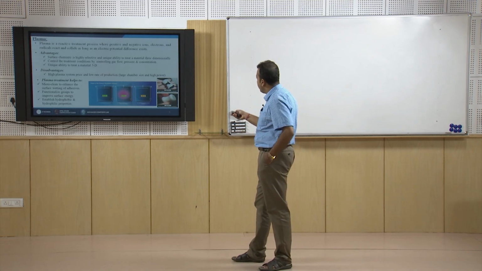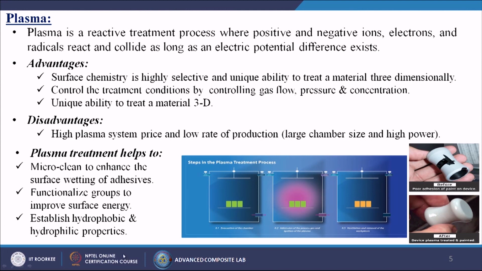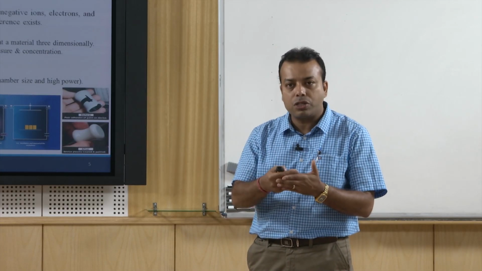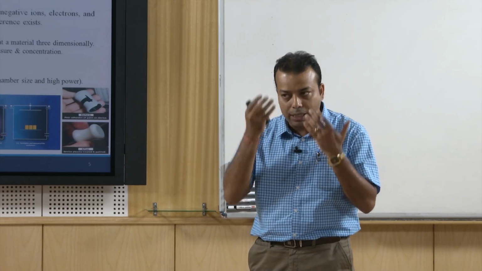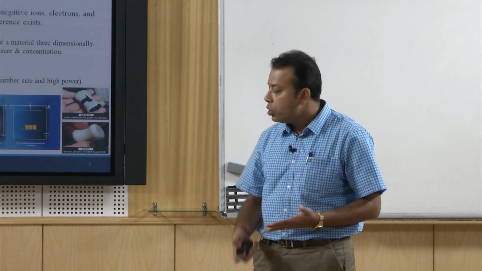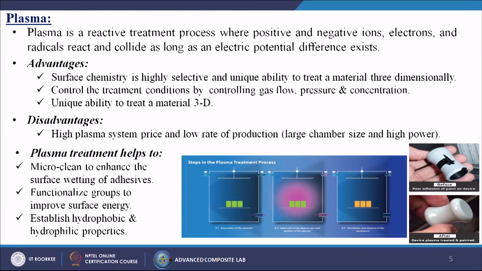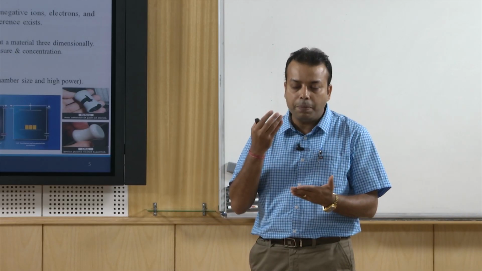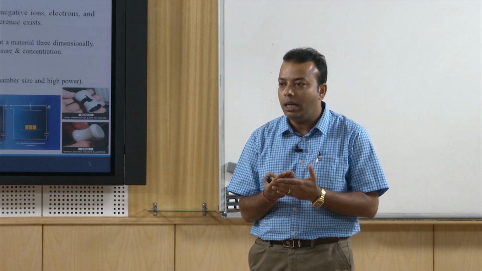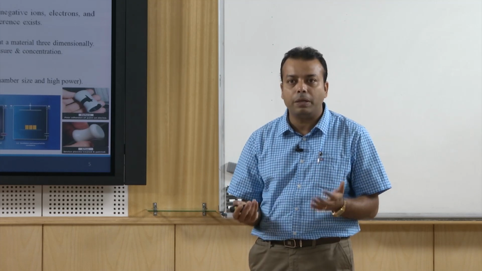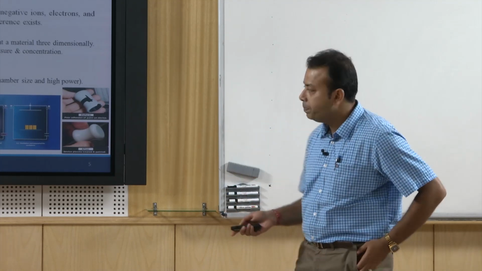From this figure you can see that before plasma treatment there is poor adhesion of paint on the device. However many times we put the paint on, it is not sticking, meaning its adhesion is very low and it comes out. When we do some kind of etching or scratching on the material by plasma treatment, the paint sticks to the material, which means the adhesion properties of that material have been enhanced.